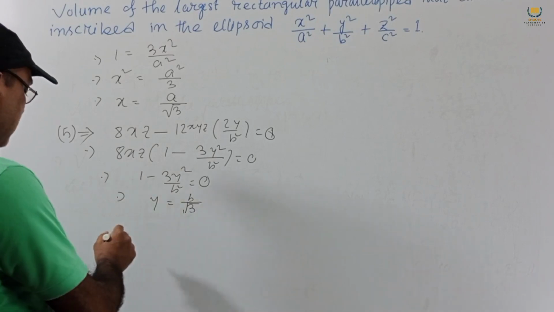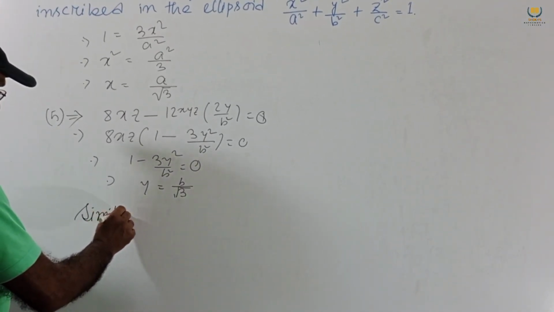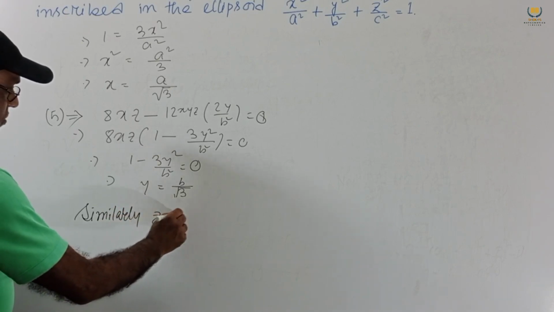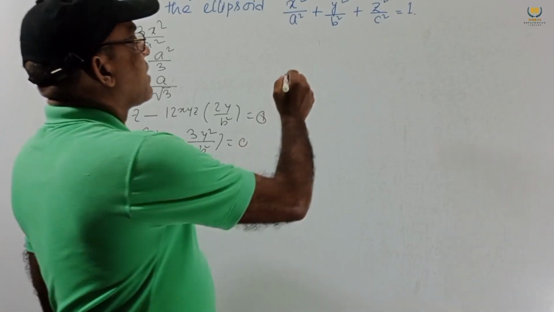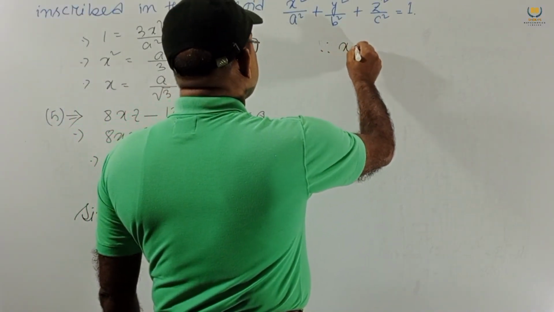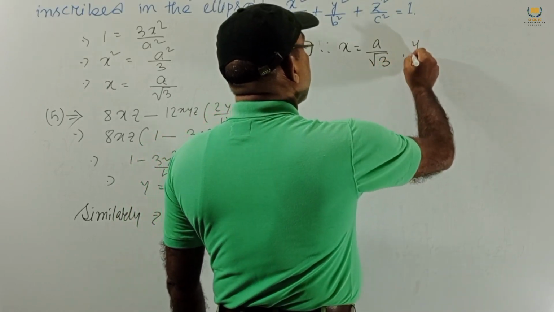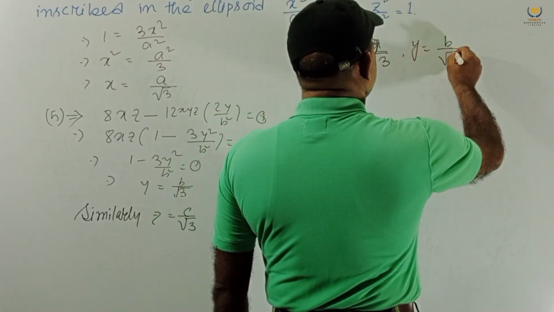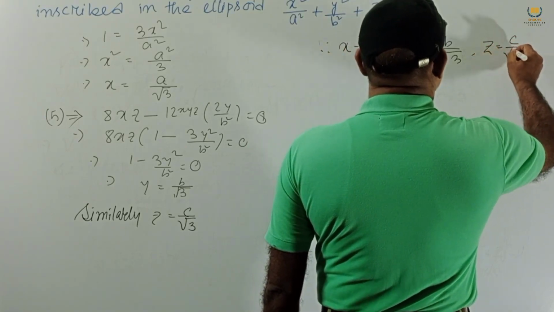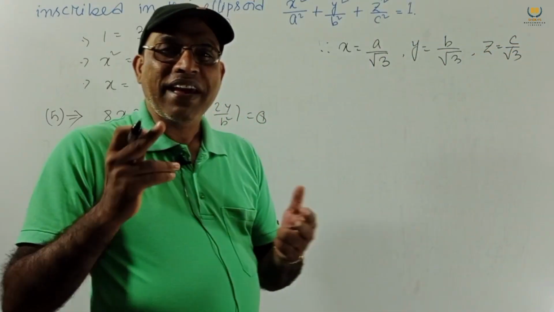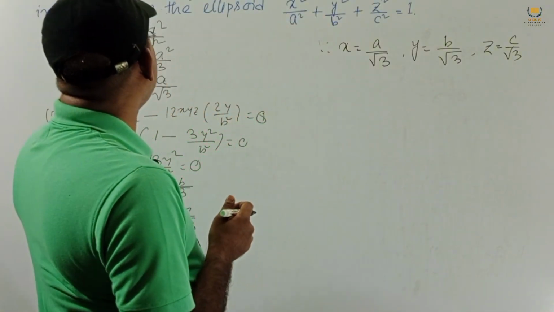So similarly, no need to put directly, we can assume this. Similarly, z equal to c by root 3. So what we get? Therefore, x equal to a by root 3, y equal to b by root 3, and z equal to c by root 3. These are the values of x, y, z. Now we have to find volume.